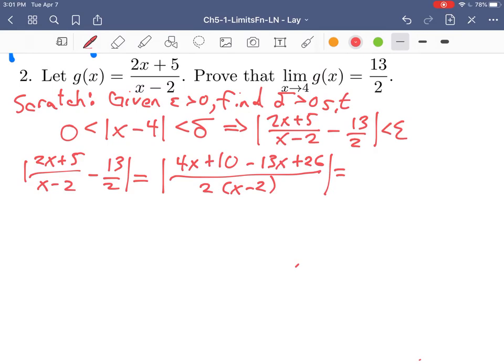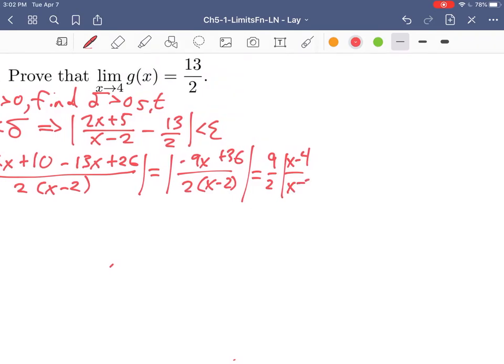And so that would be negative 9x plus 36 over 2 times x minus 2, which gives us 9 halves times x minus 4 over x minus 2.